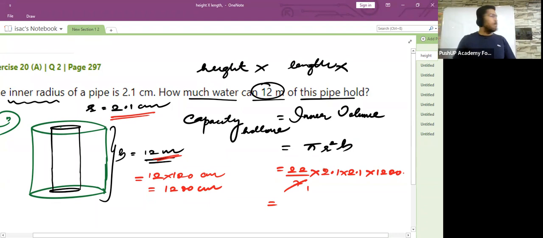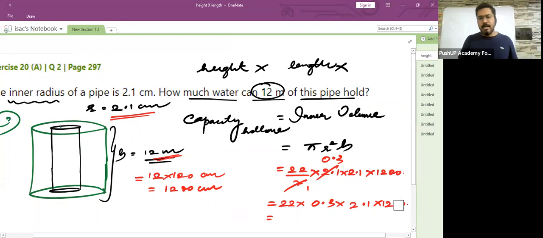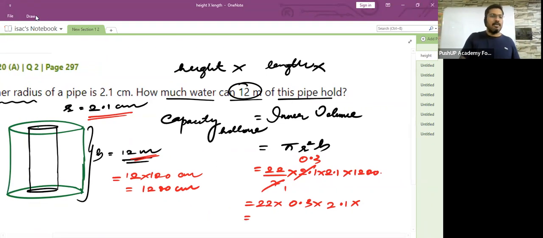Pi is 22 by 7. 7 ones are 7, and 7 into 0.3. So you get 22 into 0.3 into 2.1 into 1200. As Arthur said, instead of writing 1200, you just leave it as 12 into 100. That will help you in doing calculations.